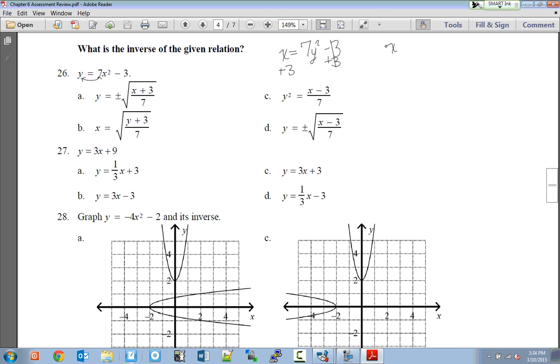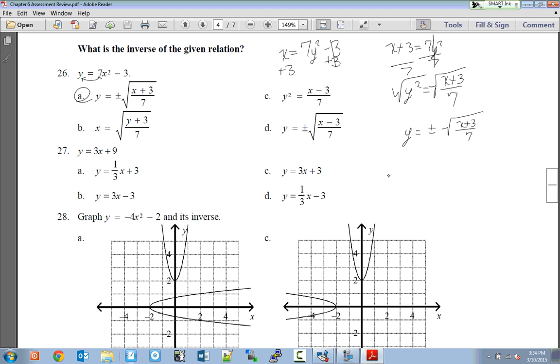So x plus 3 equals 7y squared. Divide by 7. So y squared equals x plus 3 over 7. Since this is y squared, we want to take the square root. So y is going to equal plus or minus the square root of x plus 3 all divided by 7. All right, so the answer is going to be A.